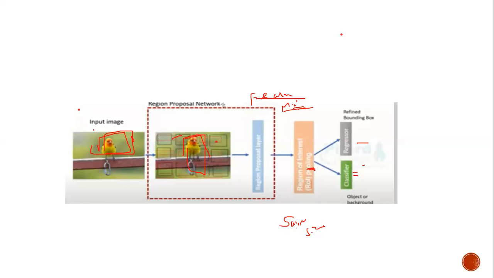So again, repeating: if I input an image, and it has some object, that is considered foreground, and if there is no object, that is background. Whatever we get is forwarded as a feature map. After converting to features, it is forwarded to the next step called ROI.